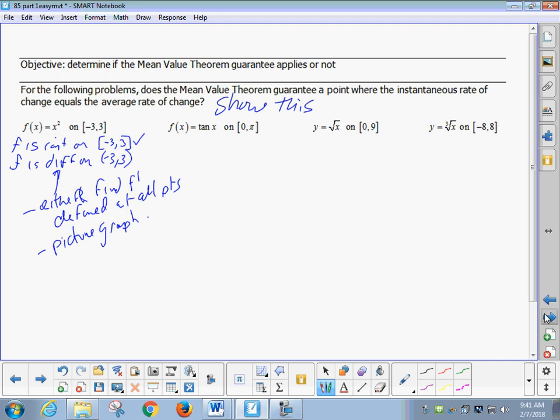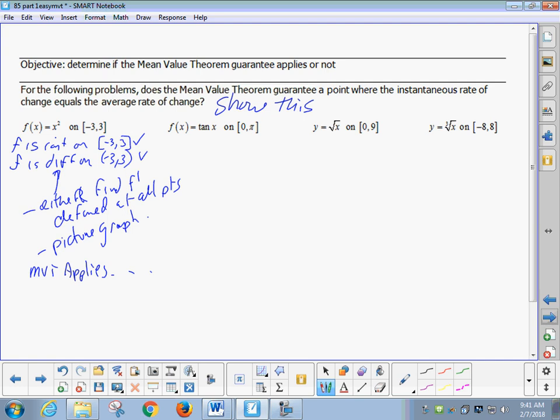I know x squared's graph. It's smooth, it's nice, it's differentiable everywhere. It has no sharp turns, it has no vertical asymptote, it's cool, right? So you would say, is it differentiable in that? Boom! You would therefore say MVT applies, and typically then you would go forward to do the MVT part of the problem, which you'll do in a minute.